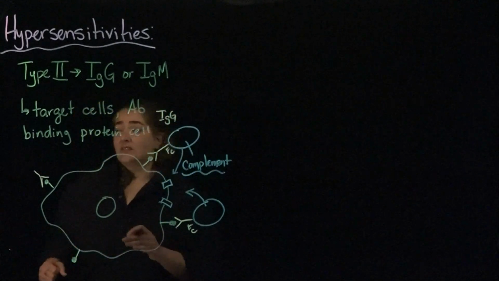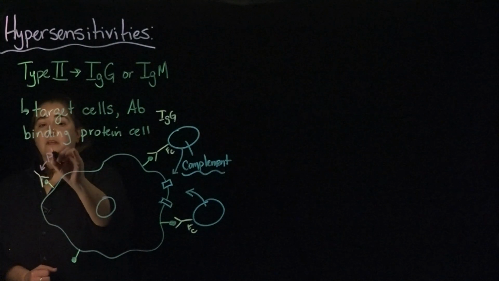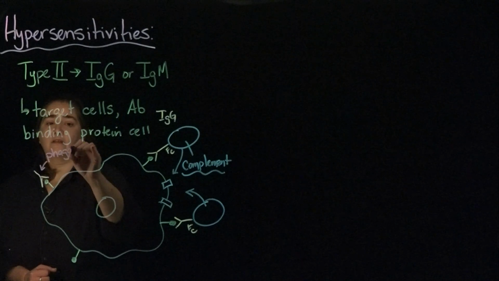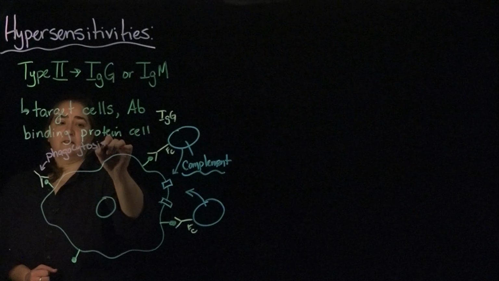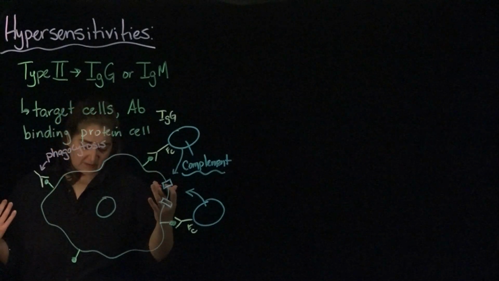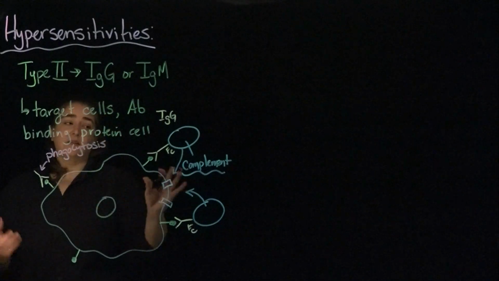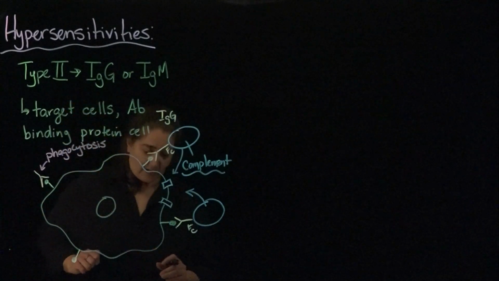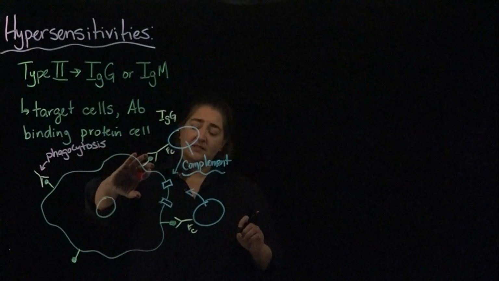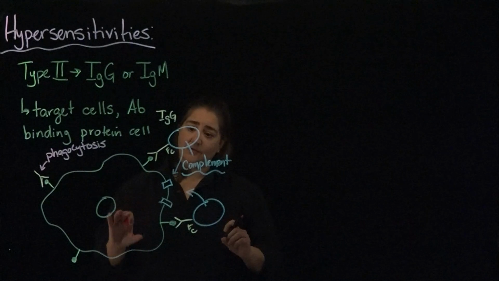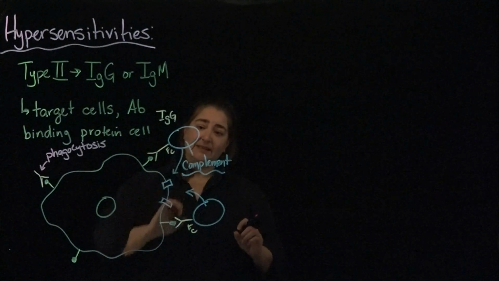The other way is that the antibody can target the cell to be taken in by phagocytosis. Either of these can happen, but what you've got is something on the cell that's recognized as foreign, and there are antibodies that already exist that recognize this.